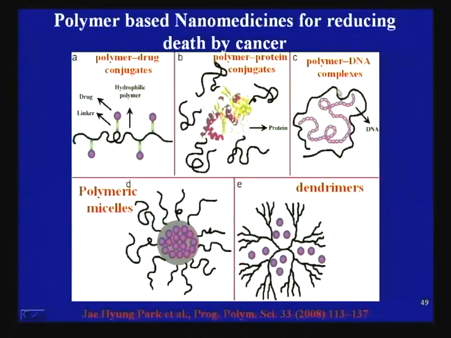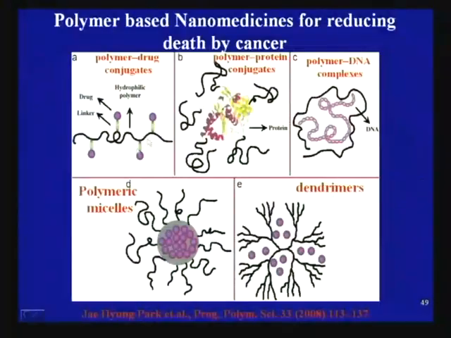So, this DNA molecule can be encapsulated or somehow enclosed by complexation. So, this polymer system will carry the DNA molecule to some place within the body.